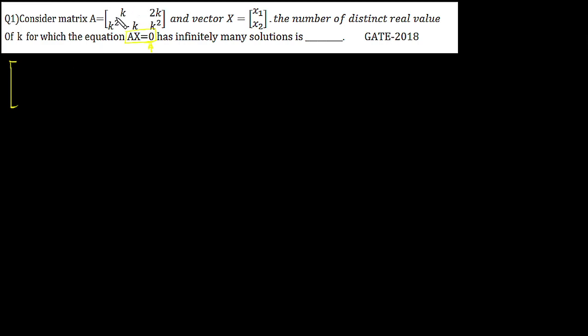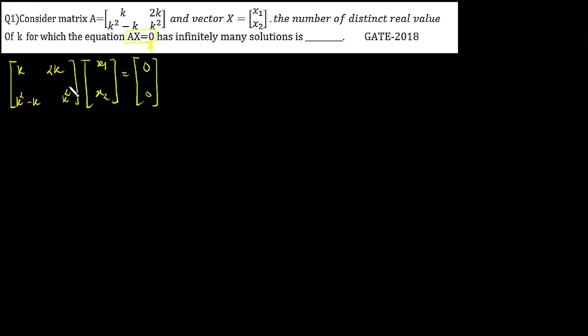The coefficient matrix has entries k, 2k, k square minus k and k square, and we multiply this with the vector x1 and x2, and on the right hand side we have the 0 vector.